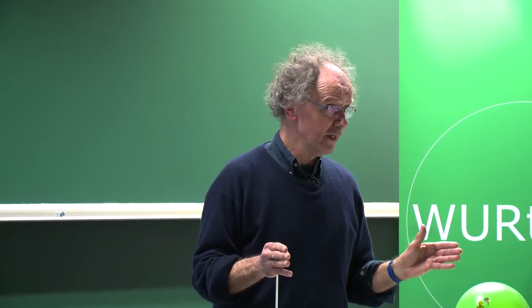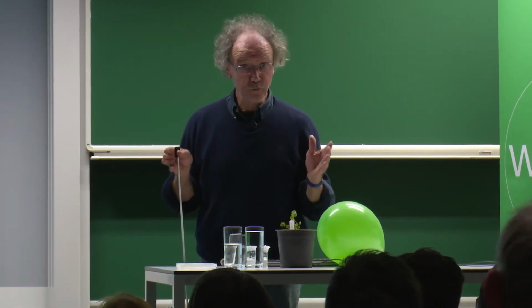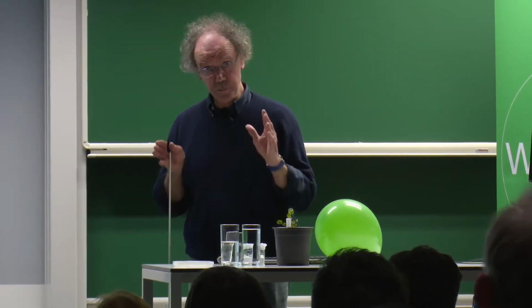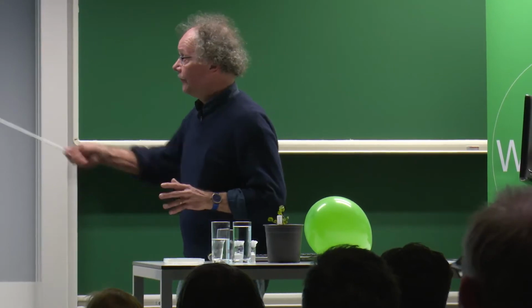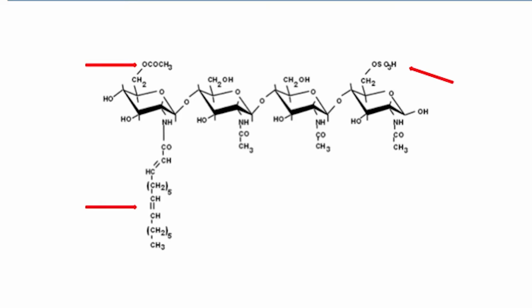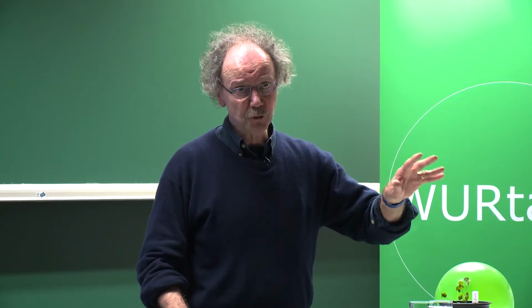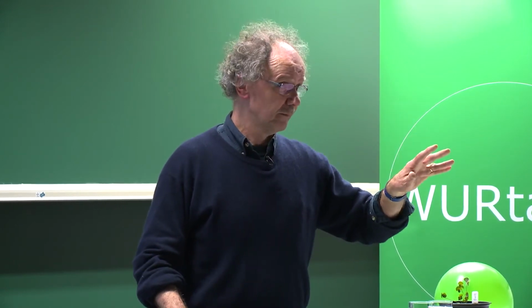This molecule is by itself sufficient to induce the formation of nodules. So in the absence of bacteria, if you give this molecule to a plant, it will make nodules, but of course without bacteria. Think of the concentrations that are used, it's extremely low.